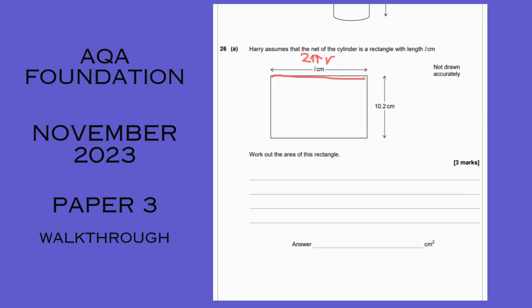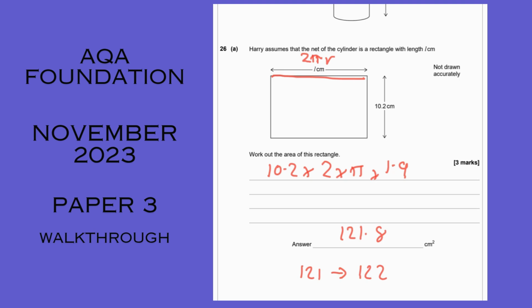So to work out the area, and I've scrolled down off it, area is length times width. So it's 10.2 times the 2 times the pi times the radius of 1.9. In your calc, I'm doing 1 decimal place again, but the mark scheme gives you that little bit of leeway.